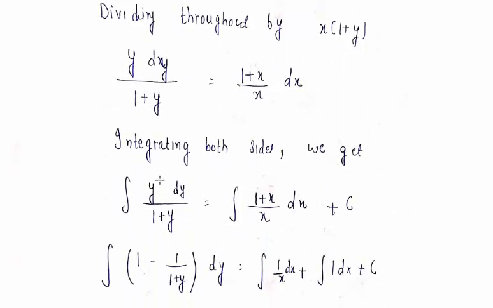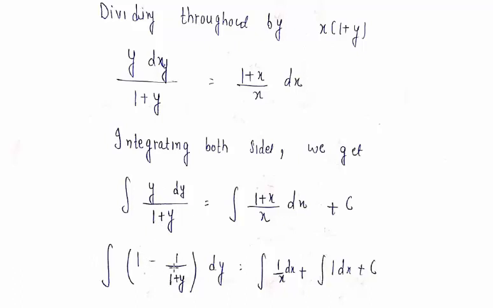Now to integrate y over 1 plus y, the degree of numerator and denominator is the same. So we know that if the degree of the numerator and denominator is the same, then we first divide the numerator by the denominator.